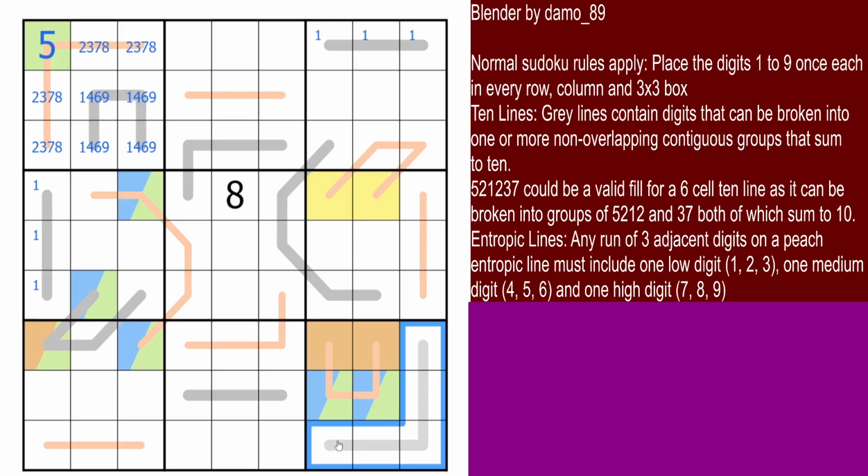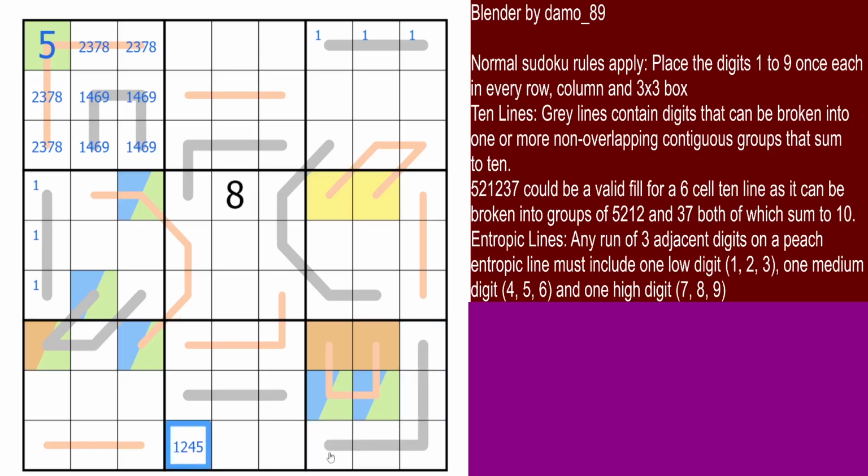So see, now minimum this must have 2 low, which is minimum 1, 2, 2 middle, which is minimum 4, 5, and this sums to 12, right? So the high digit cannot be 9 now, right? Is that correct?